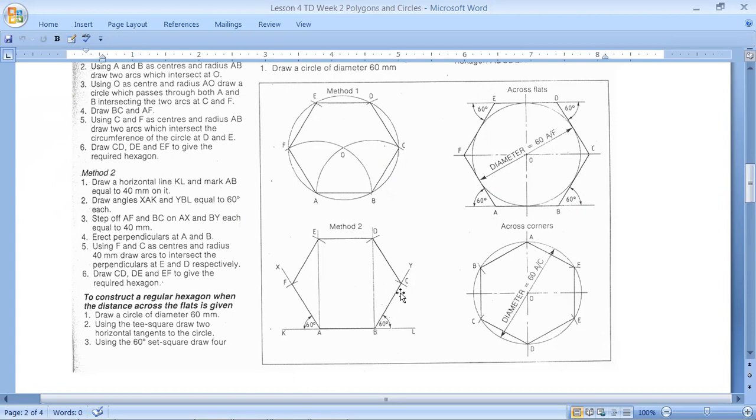We need to get a 60-degree angle on this side, a 60-degree angle on this side, and 90 degrees up. Remember the method to construct 60 degrees and 60 degrees? We need to apply them here. And the method to construct 90 degrees, we need to apply them here in order to get through to this. Let's look at this example.